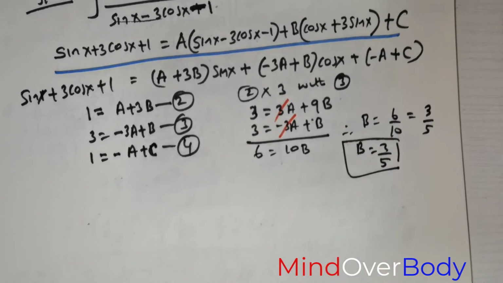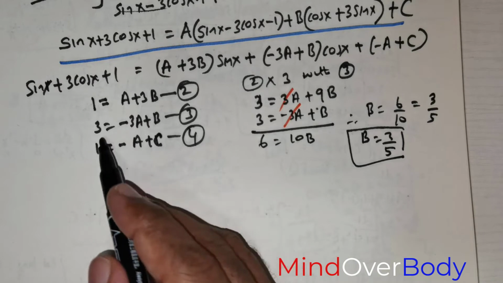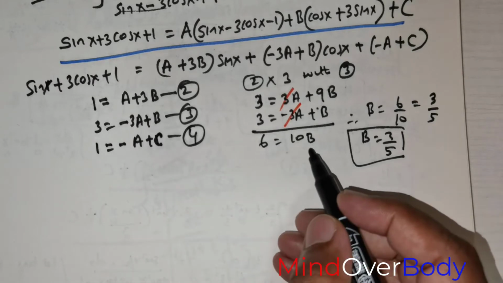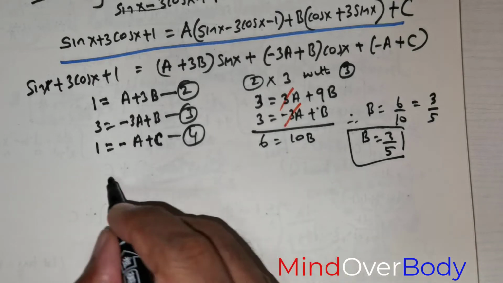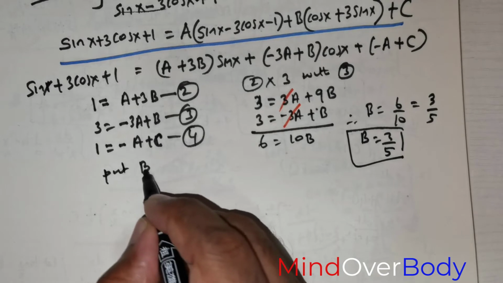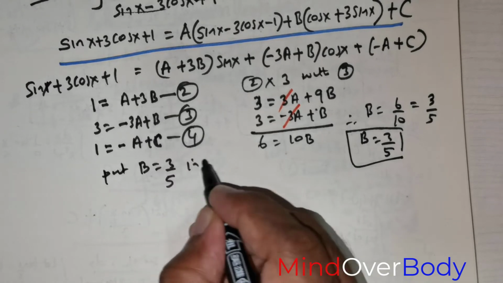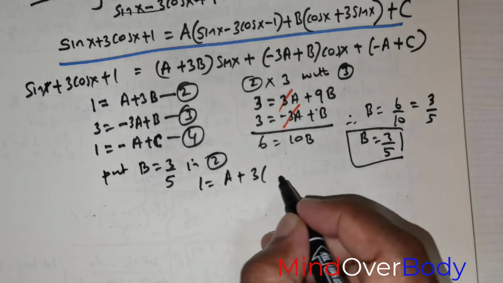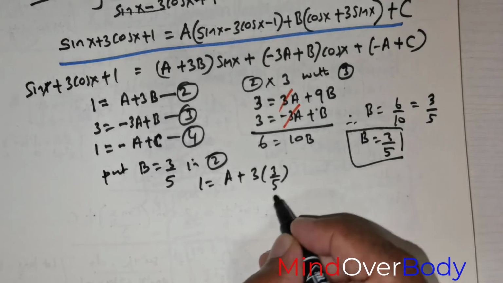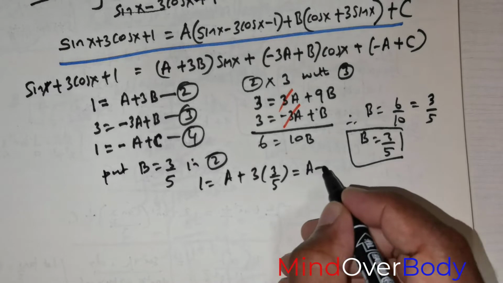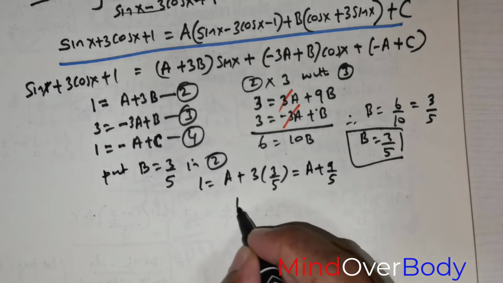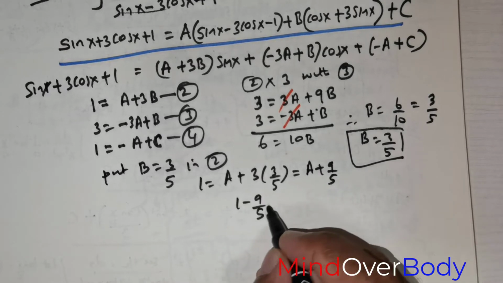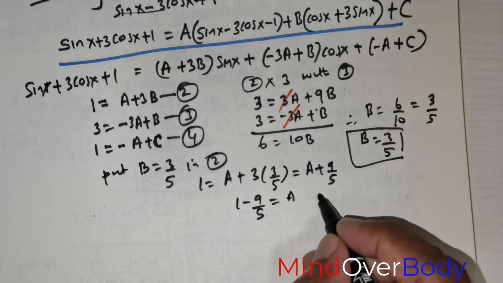I got the value for b, and if I substitute b = 3/5 in equation 2, that would give me 1 = a + 3 times 3/5, which is a + 9/5, so 1 - 9/5 = a.